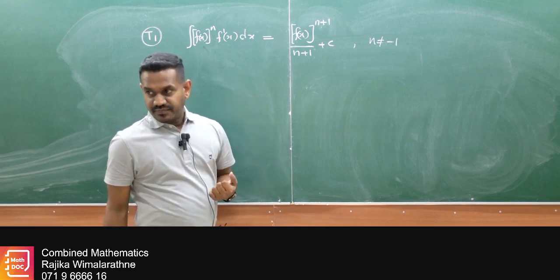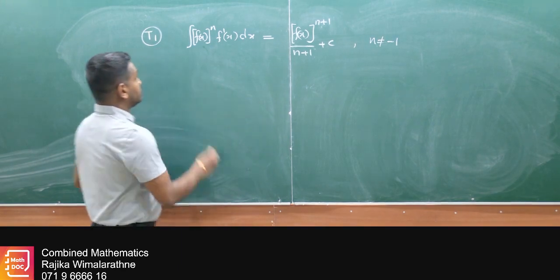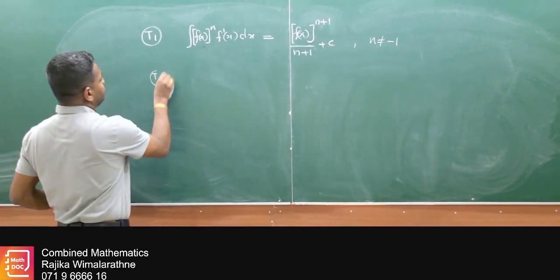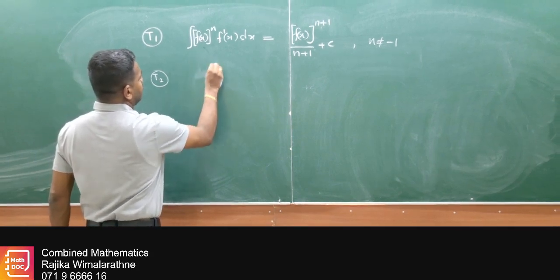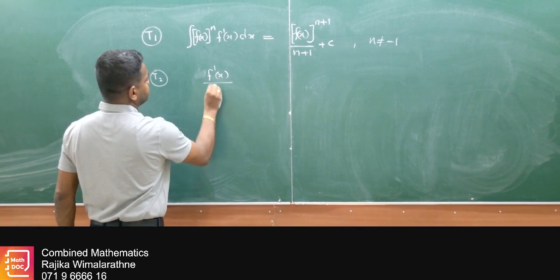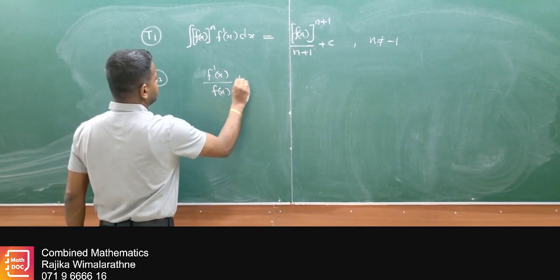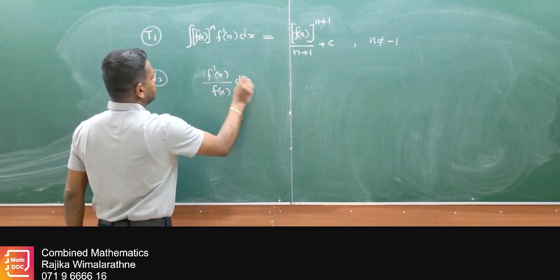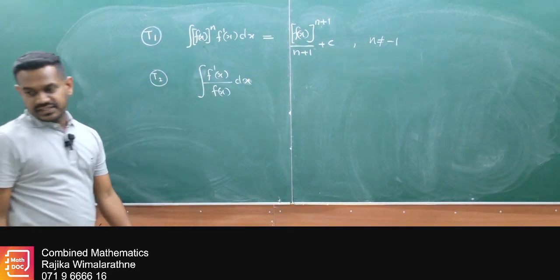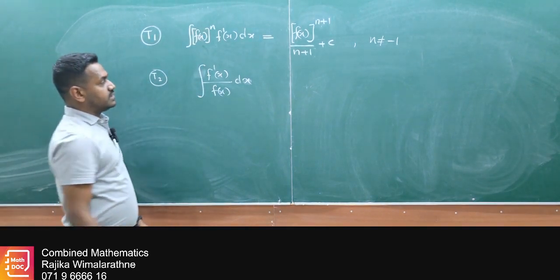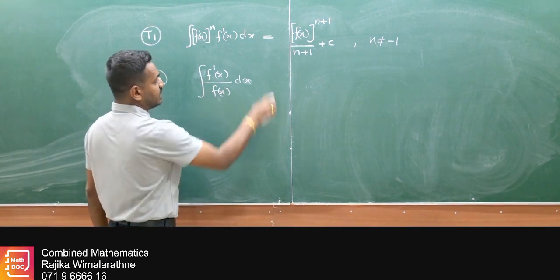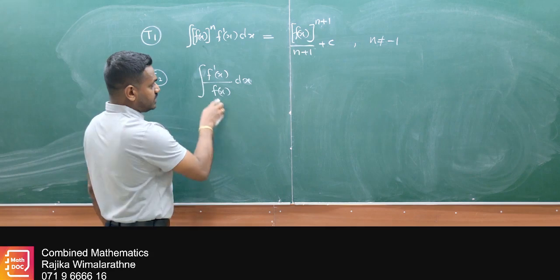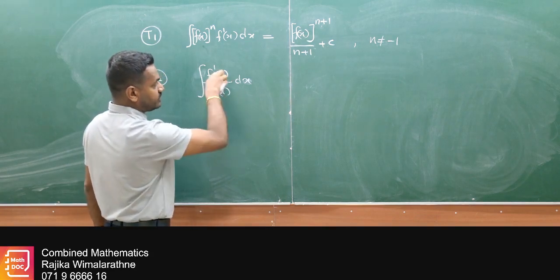Okay? So theorem number 2: we have f dash x divided by f(x) dx. Here the denominator is the function and the derivative is in the numerator.